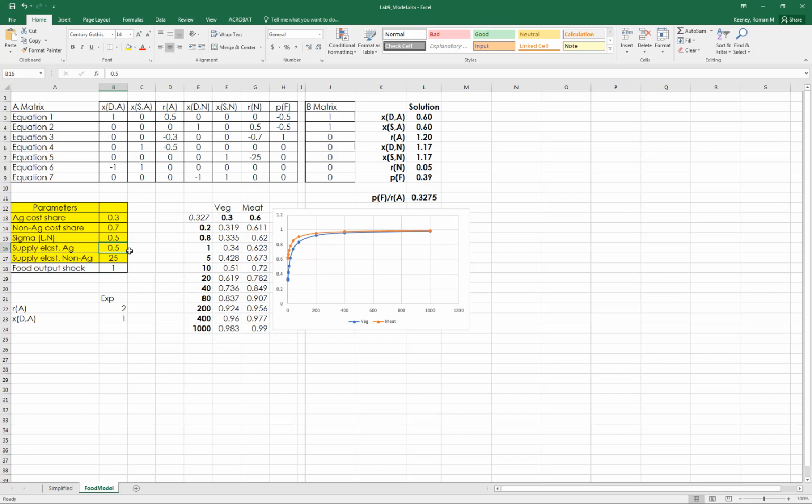We turn the substitution back on, and now we get the full effect. The expansion and the substitution happen together. When we get the full 1, 2, 3, 4 effect, the demand goes up by 0.6 and the price goes up by 1.2.